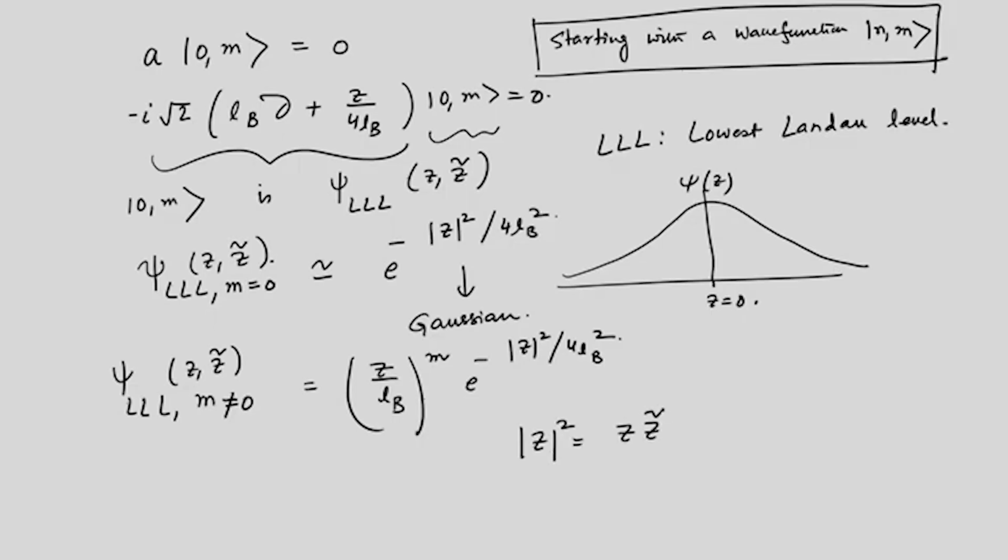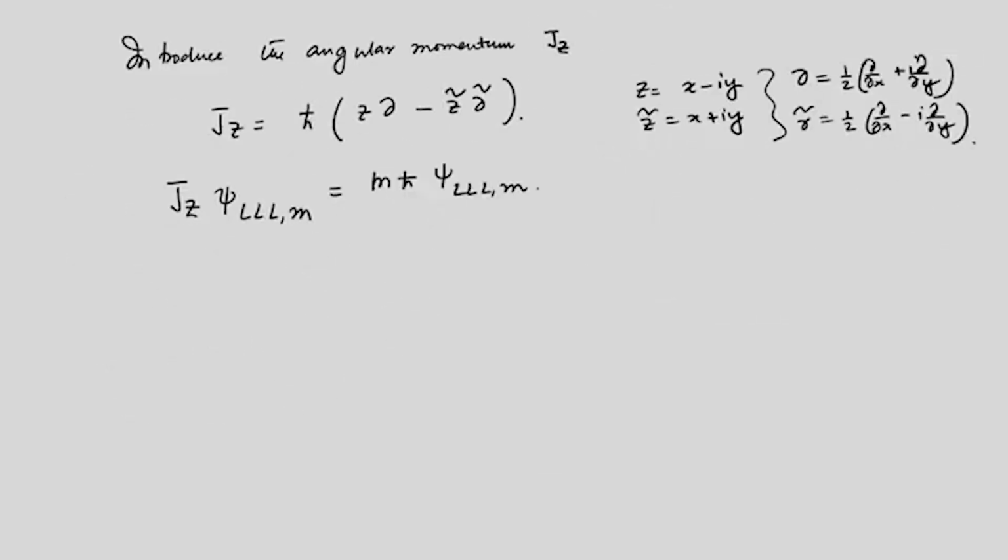So, when you take a derivative with respect to z, it will be left with a z tilde, and when you take a derivative with respect to z tilde, it will be left with a z. Okay. So, that is how.